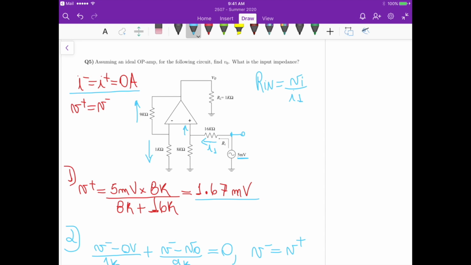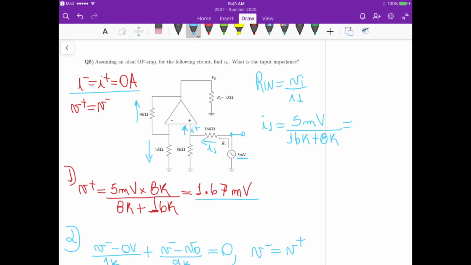Now what's the current I1? Because there's no current here, this current I plus is 0, right? So there's only a current I1 flowing in series here between this 16K and 8K. So we can calculate I1 as those same 5 millivolts divided by the 16K plus the 8K.